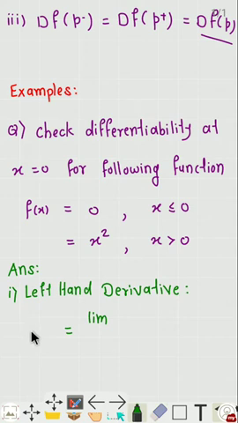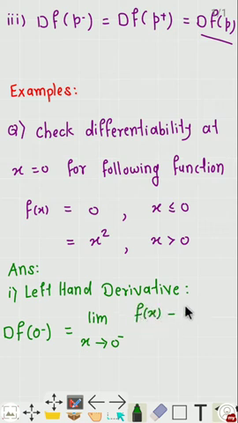The notation is derivative of f at 0 minus, which is the notation for left hand derivative, equal to limit as x tends to 0 minus. In this case x approaches 0 from the left hand side of 0, of f of x minus f of 0, whole divided by x minus 0. So this is the left hand derivative of the given function.